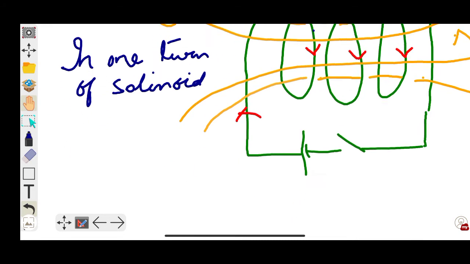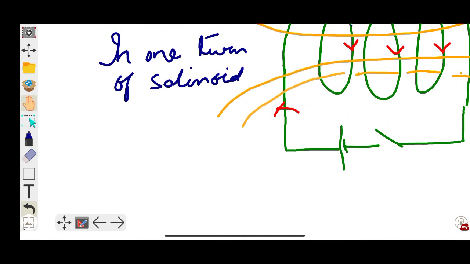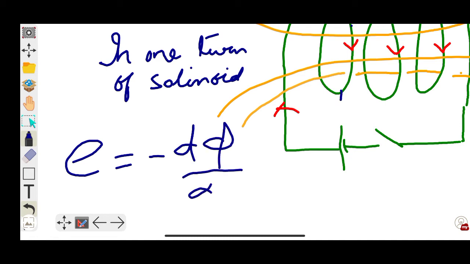So in one turn of the solenoid, the EMF induced will be E is equal to minus d phi by dt. Phi is magnetic flux and dt means rate of change of flux.